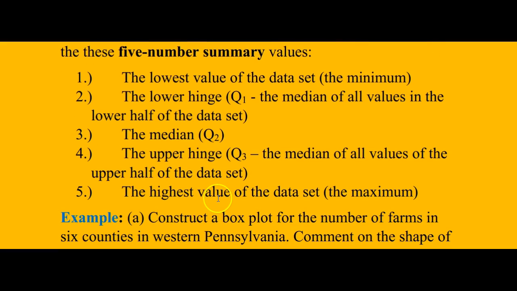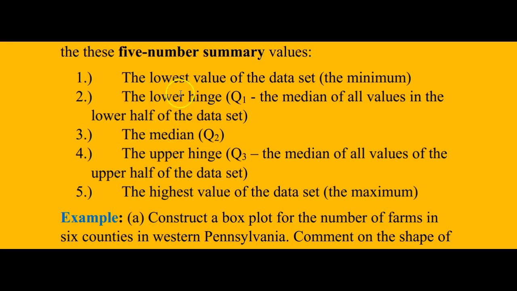Very important numbers. The box plot shows us whether the distribution is normally distributed or whether it is skewed. It shows this very easily, as we will see. The 5 numbers we need to construct the box plot are the minimum number, the lowest number in the data set, and the highest number in the data set, and then the lower hinge, also called the first quartile or lower quartile, which is the median of all the values in the lower half of the data set.